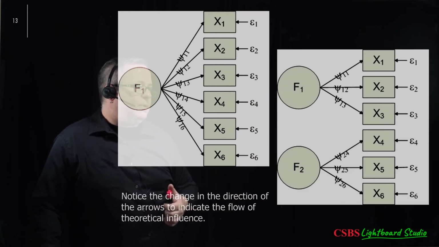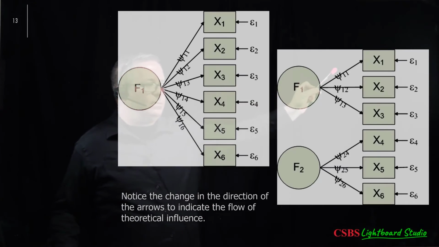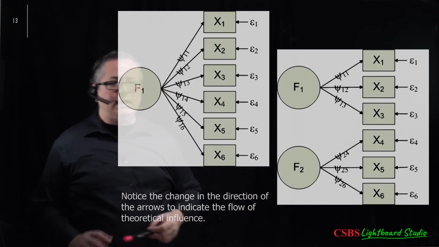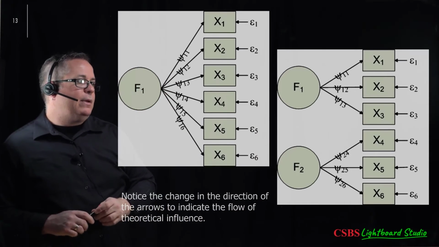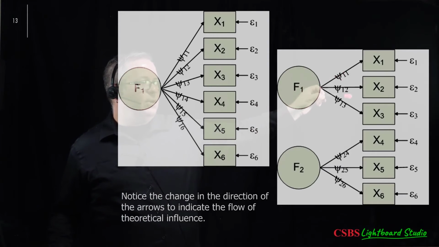This one has the same 6 items, but here I'm saying that, well, okay, really I need 2 different factors. So factor 1 explains the first 3 items. Those 3 items have common variance that's explained by factor 1, and these are explained by factor 2. In this particular case, there's no double-headed arrow or anything here, so it's actually saying that f1 and f2 are independent of one another, and there's no cross-loading. So these items only load on factor 1.